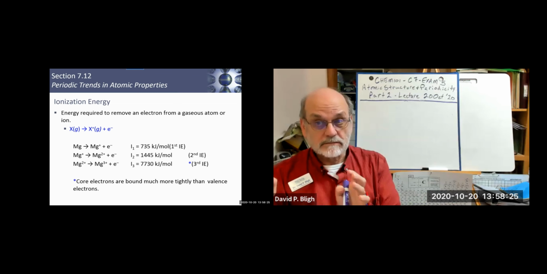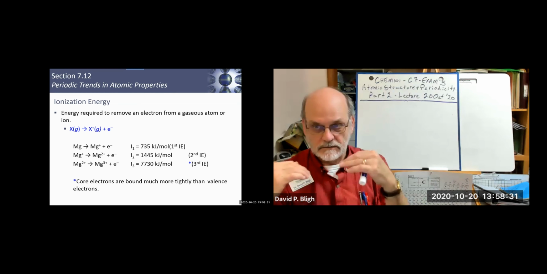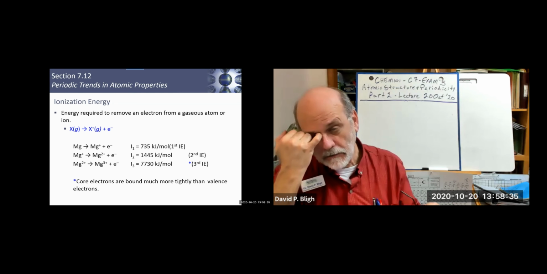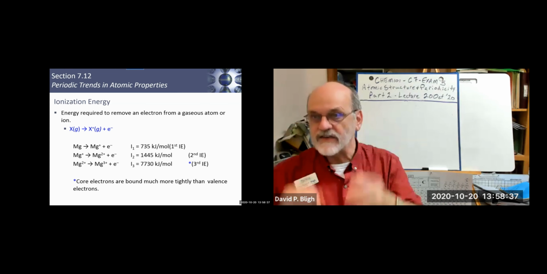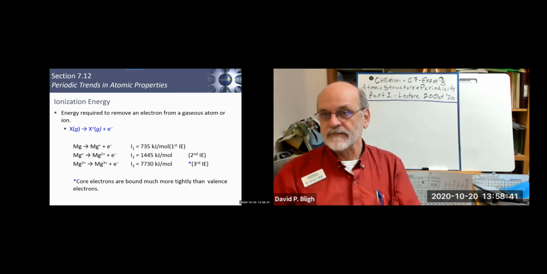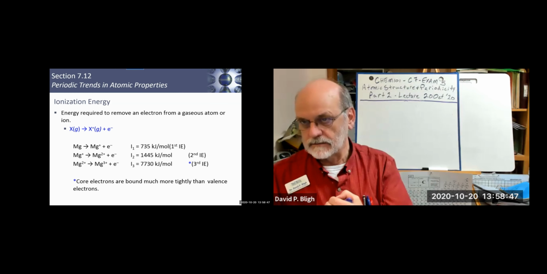For some, like the metals, definitely, it takes a lot of energy to get them to the gaseous state. Now, why do we want to do that? Why do we need to get them to the gaseous state before we can say anything about their ionization energy? In other words, the energy required to remove an electron from an atom.